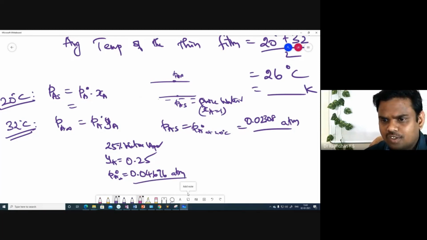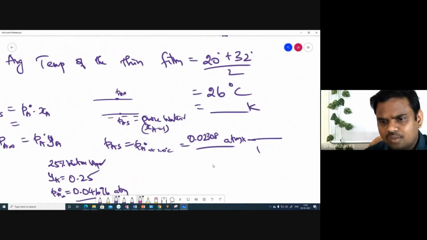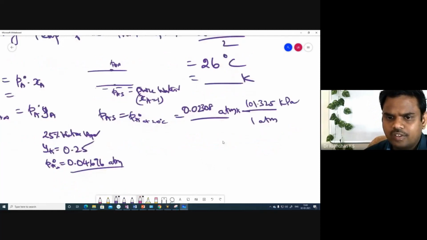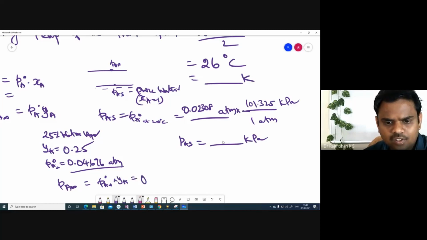Can we convert it into kilopascals? So we can write 1 atmosphere equal to 101.325 kilopascal. So we can have the PAS value in terms of kilopascal. Similarly, PA naught is there, YA is there, so PA infinity is equal to PA naught at infinity into YA. So we have 0.25 into 0.04696 atmosphere.